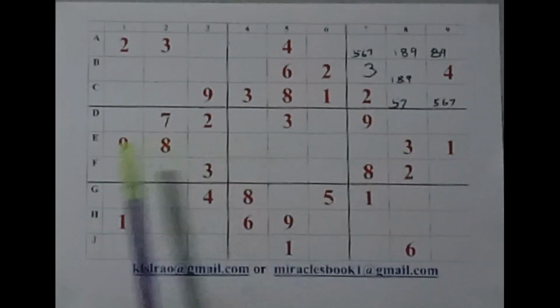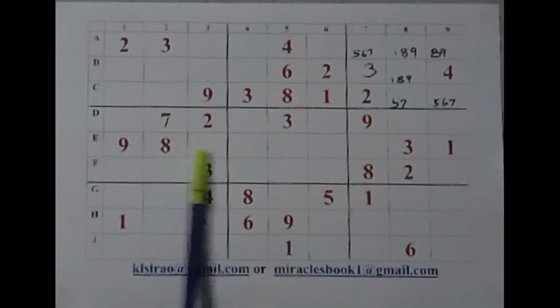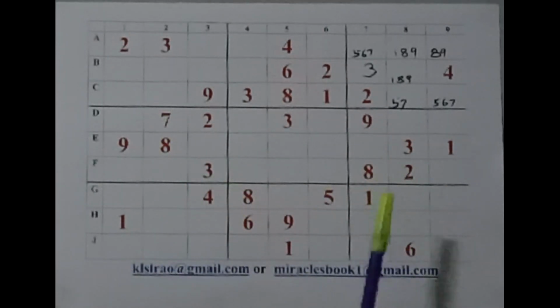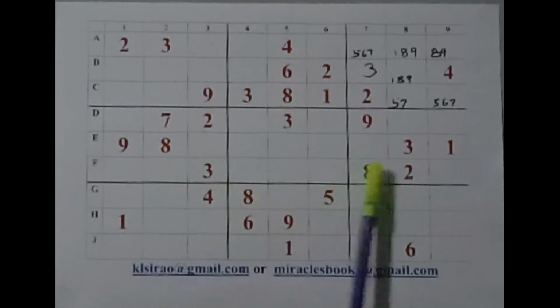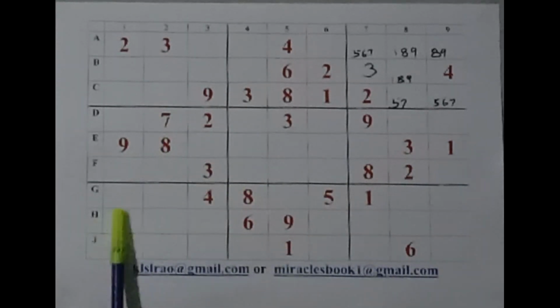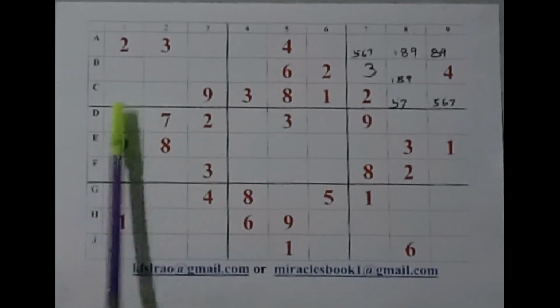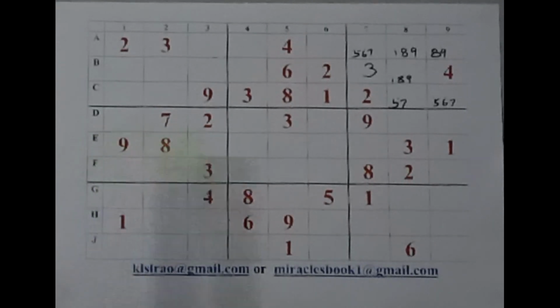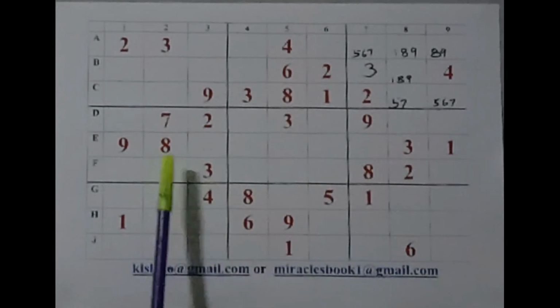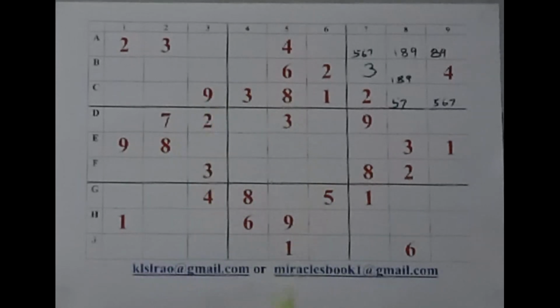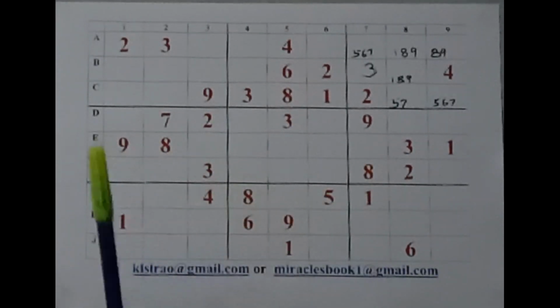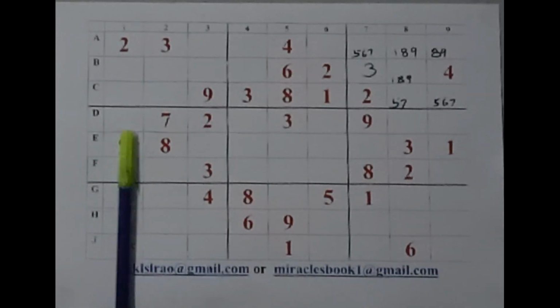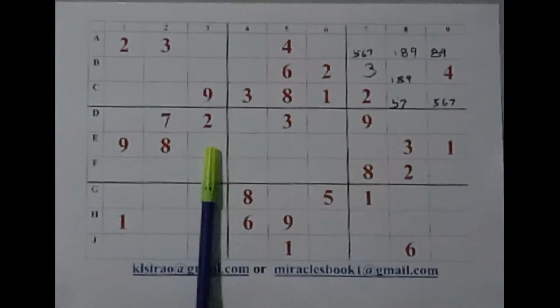Come here. Number 1 appears just once, but have a look: that one there and this one here. In this box, these two ones will give a place for number 1 here. Have a good look. 1 here cannot be repeated, 1 there cannot be repeated here.